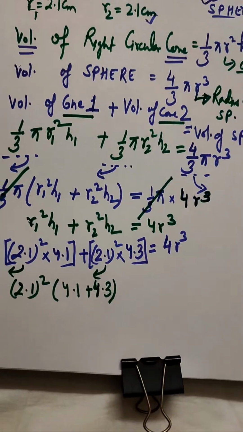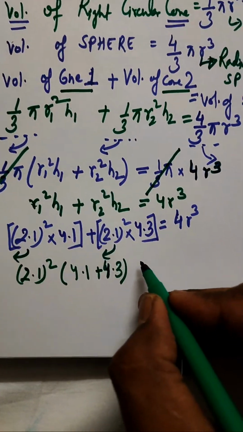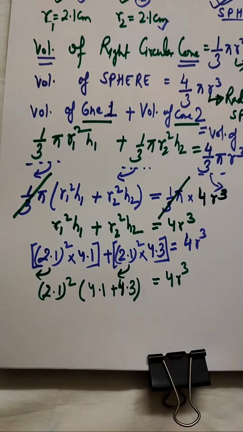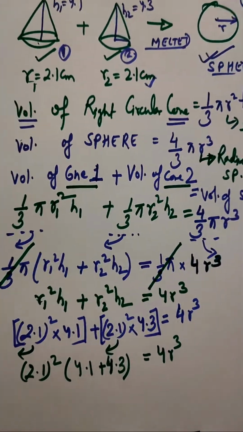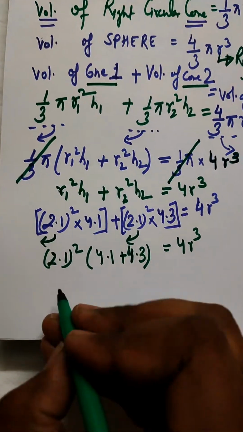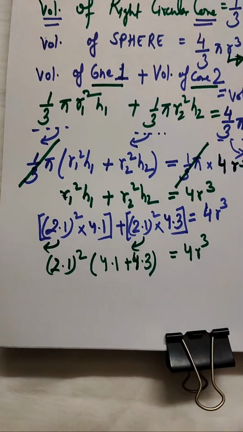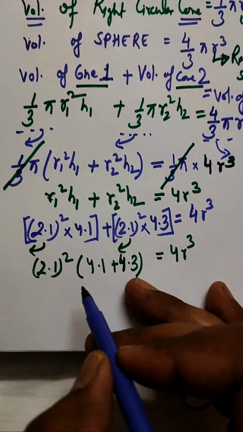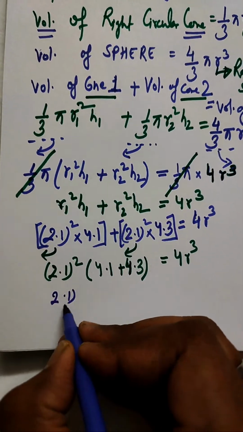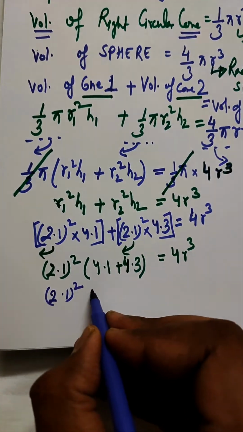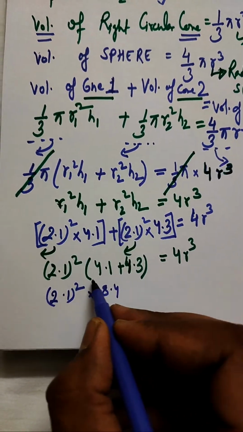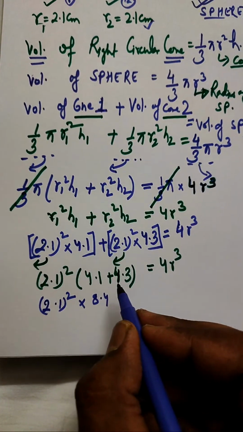Now this will be equal to 4r cube, right? Now 2.1 square into 4.1 plus 4.3 will be equal to 2.1 square into 8.4. You can just add up 4.1 and 4.3.